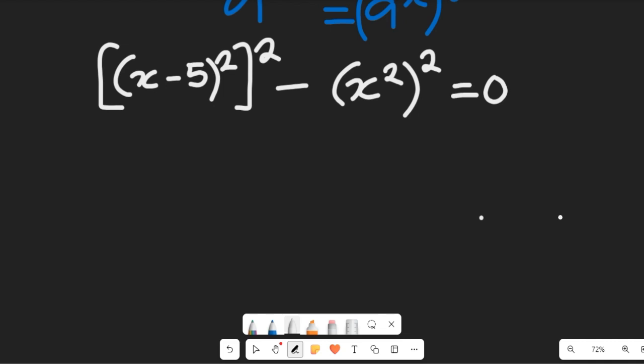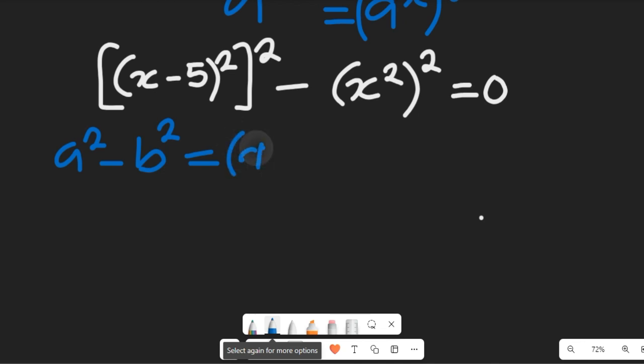Great. Now consider this algebraic expression. If I have a squared minus b squared, this is a difference of two squares. If I expand this, I'm going to have (a plus b) and then (a minus b), right?